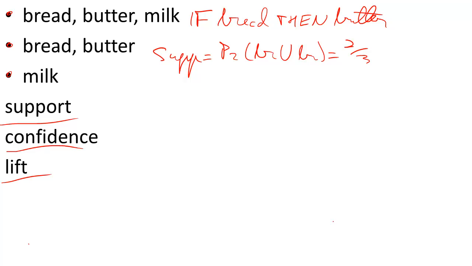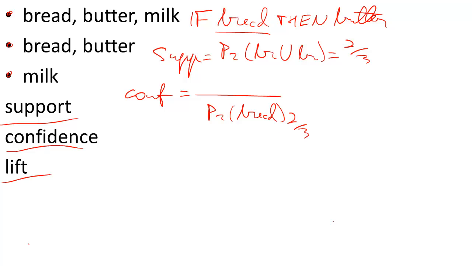And confidence, well, confidence is defined as: let's put into the denominator the if part of the sentence. So it's the probability of bread, which is actually 2/3 again, because bread is in 2 out of 3 baskets.